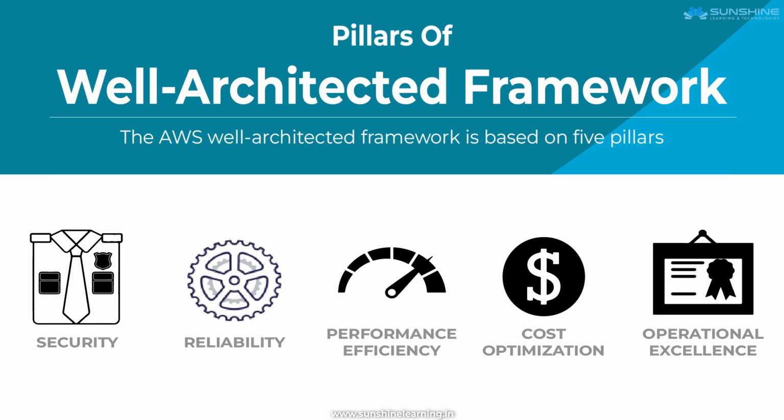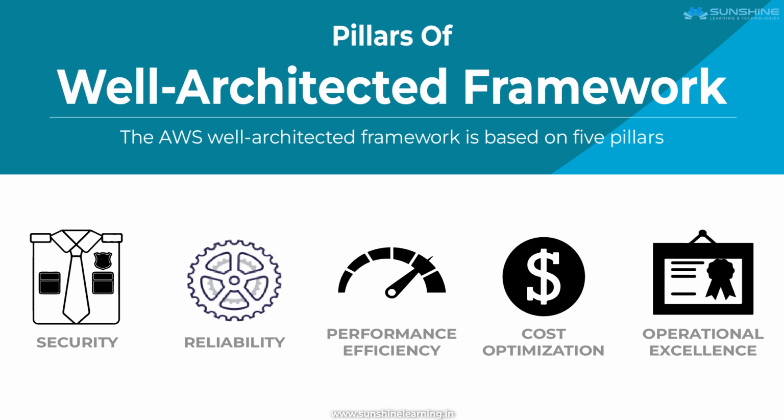So the 5 pillars of a well-architected framework are, first, security; second, reliability; third, performance efficiency; fourth, cost optimization; and fifth, operational excellence. We need to ensure that our solution is properly secure from every aspect. Since cloud came to the market, there is a perception that cloud platforms are not that secure, so we need to ensure that the security of our architecture is thorough.